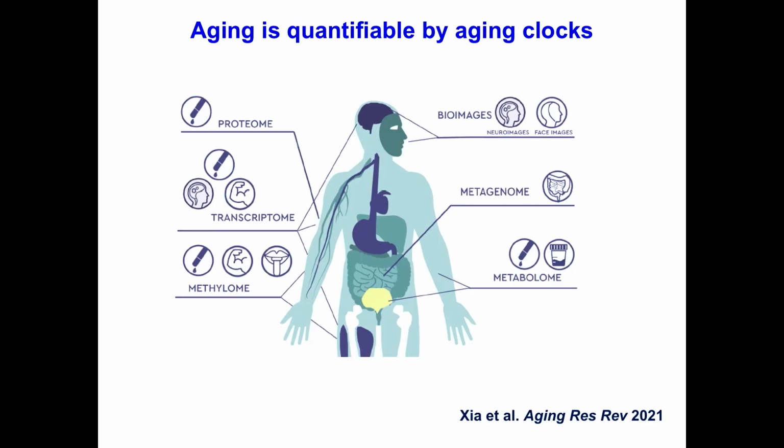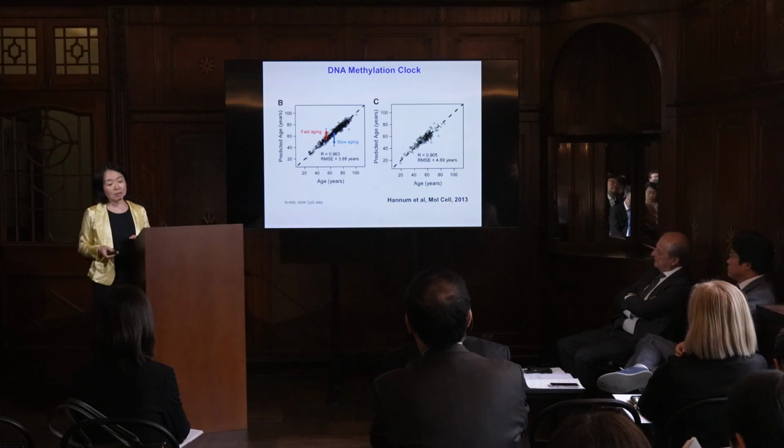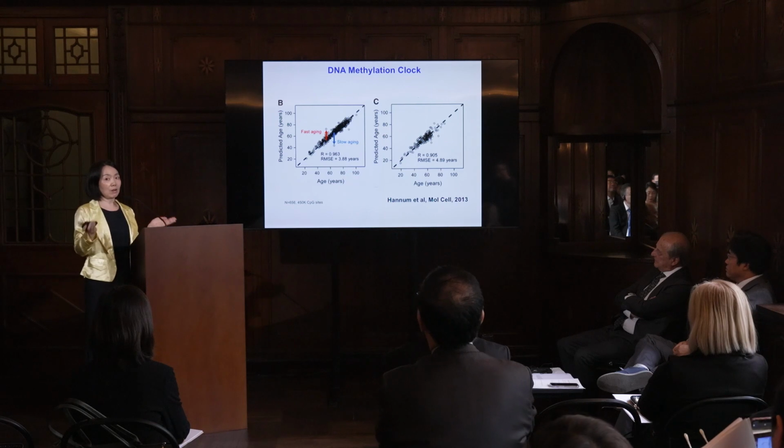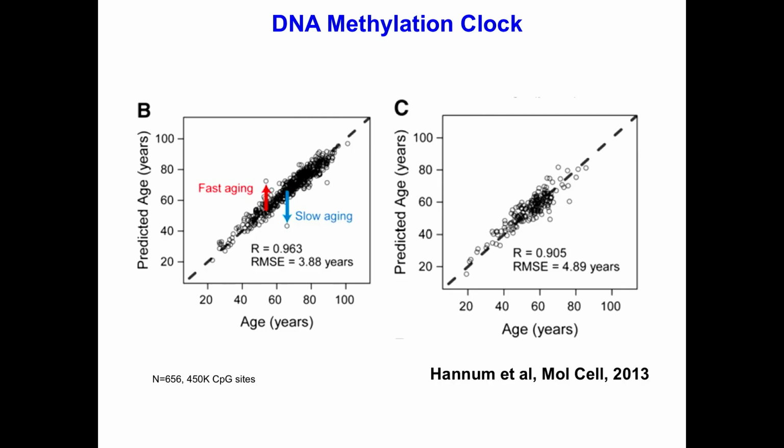Aging, although it's very complex, is quantifiable. In fact, I think it's already a decade since the first aging clock was published. Aging has been measured at many different levels, from proteome, transcriptome, methylome, any omics data, you name it. You can use this omics data to build an aging clock and estimate the aging progress. Essentially, an aging clock is built on a large cohort of natural aging population.